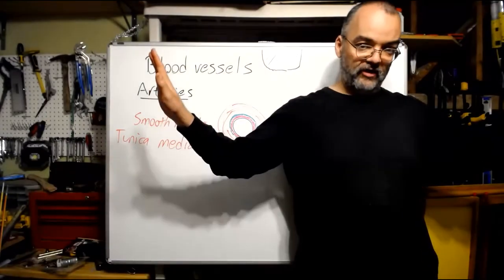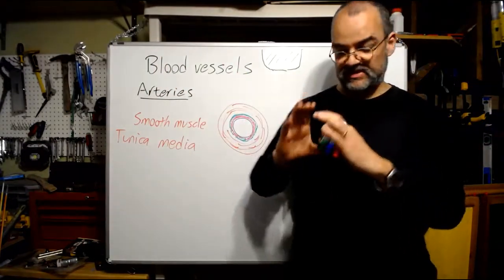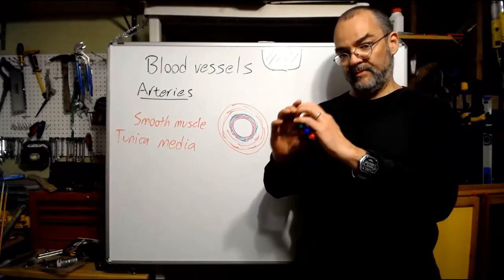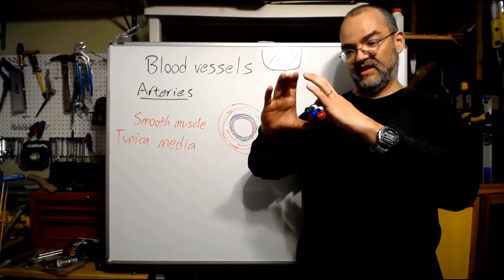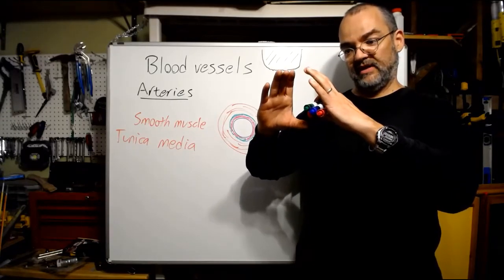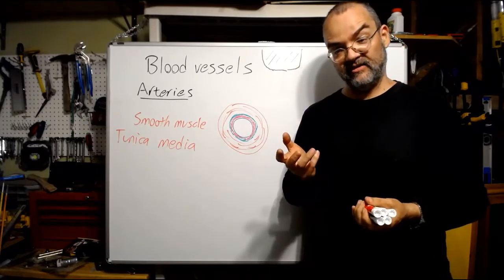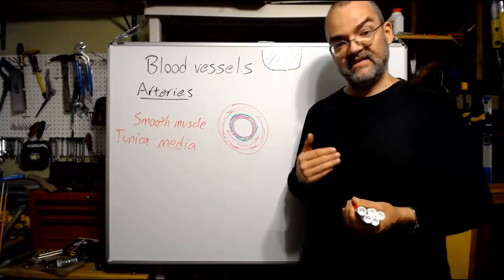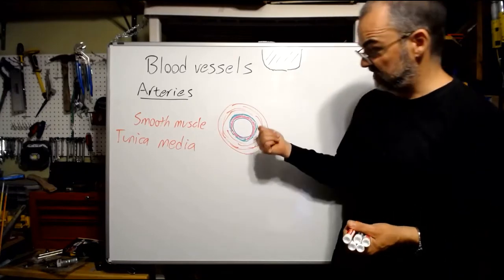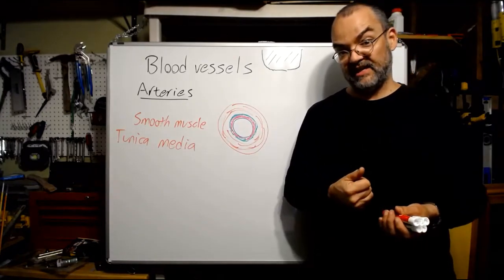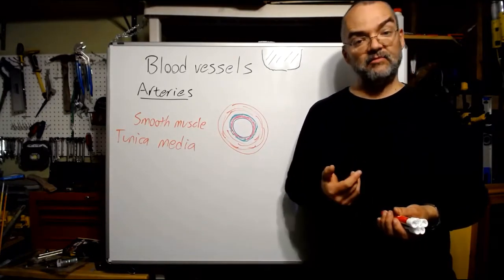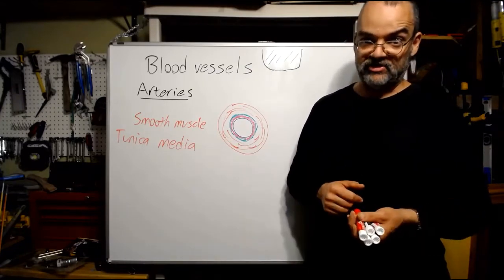That recoil applies pressure. It's almost as if you blow up a balloon and it stretches out, and then as you stop blowing, the latex of the balloon springs back and applies extra pressure to that air. That keeps the blood moving even when the heart isn't pumping. So that's one of the ways that arteries can apply extra pressure to blood to keep it moving. That also affects arterial pressure.